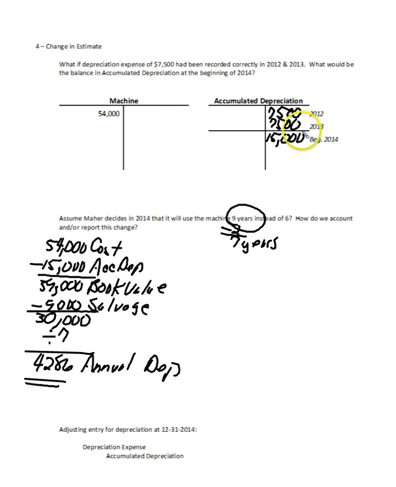So recall this is at the beginning of 2014. Here at the end, we're going to make a journal entry for $4,286. So there's no impact on prior earnings, so nothing to do to the retained earnings.